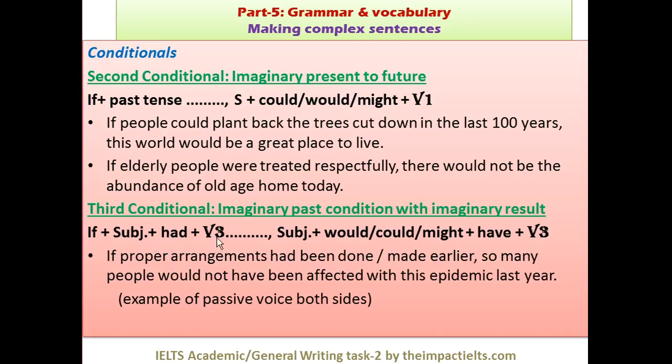If I had studied science in my higher secondary, I could be a doctor today, or I could be an engineer today. So here what I'm doing is known as a mixed conditional. One condition of the past, imaginary, is brought to the present, which is again imaginary. So for the past conditional part, we use this structure. For the present conditional result, we use this structure, right?